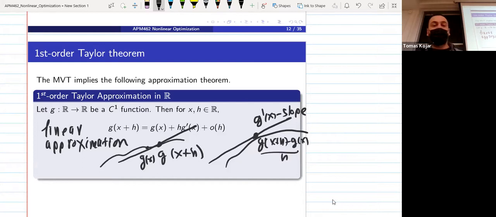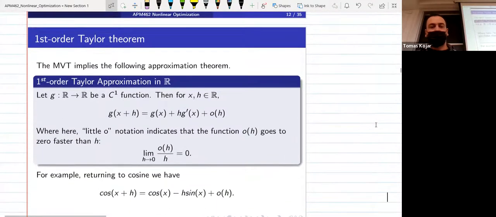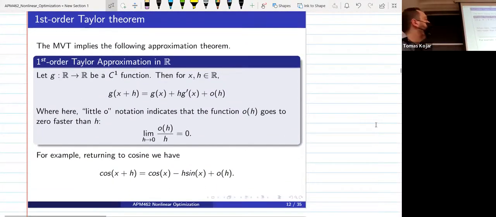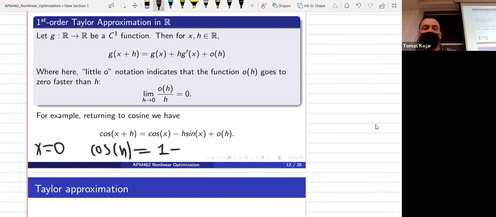Let me repeat. The way you use Taylor's theorem, actually, I will show you an example. I want to figure out how cosine behaves close to x. In fact, forget x, let me put x equals 0. So you have cosine of h. What is cosine of 0? 1. And then minus h times the sine of 0.